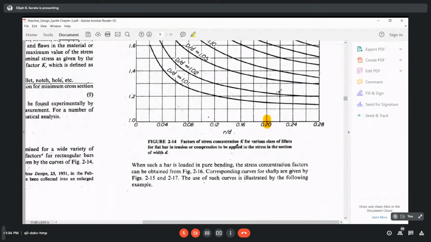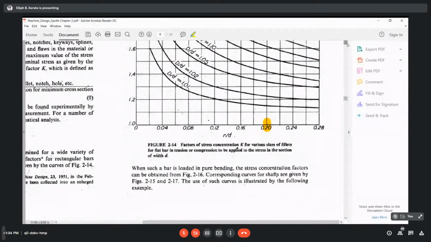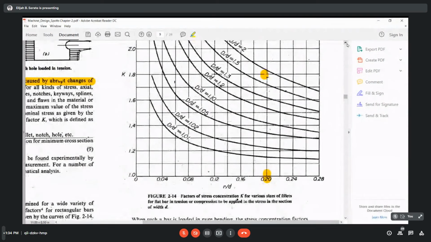Do you follow? Yes, sir. 0.2, approximately it is somewhere here. So, based on the K value, I have approximated it to be almost 1.8.